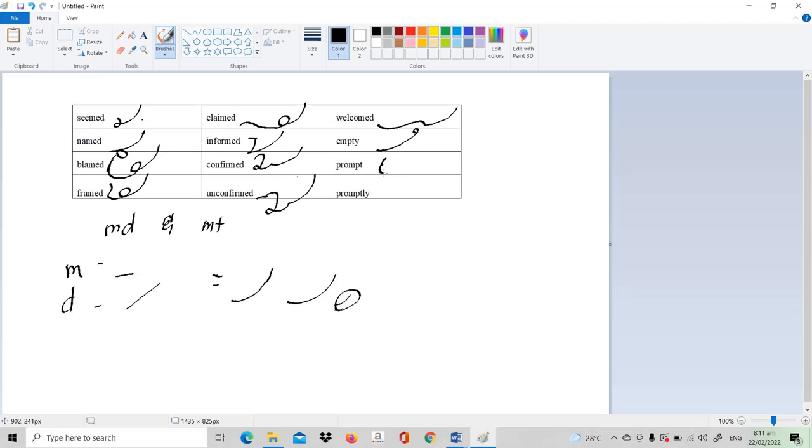So, PR, pro, and MT. Ulitin natin. PRMT. Next, promptly. PRMTE or yung LY. Yan. Okay, so that's our strokes for the MT and MD blend.